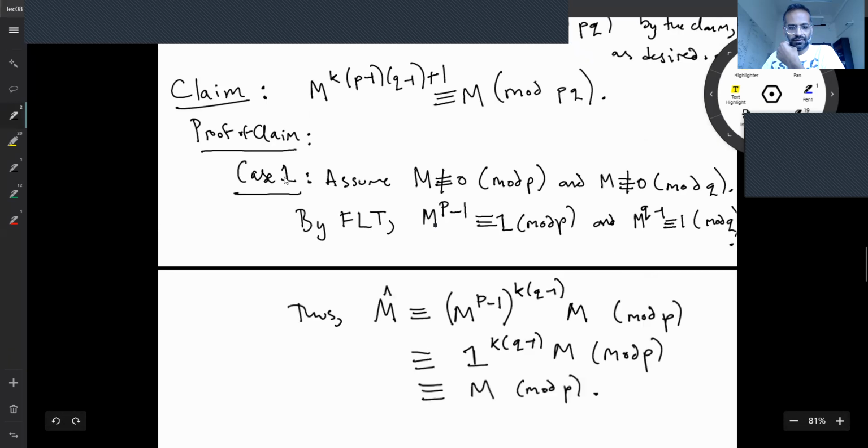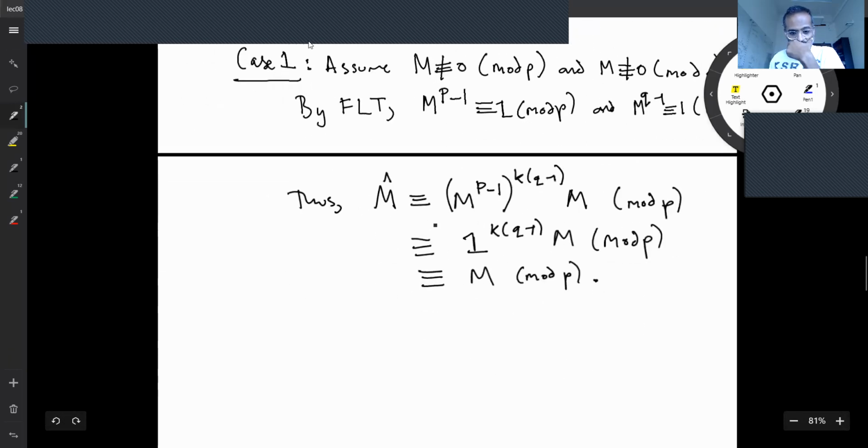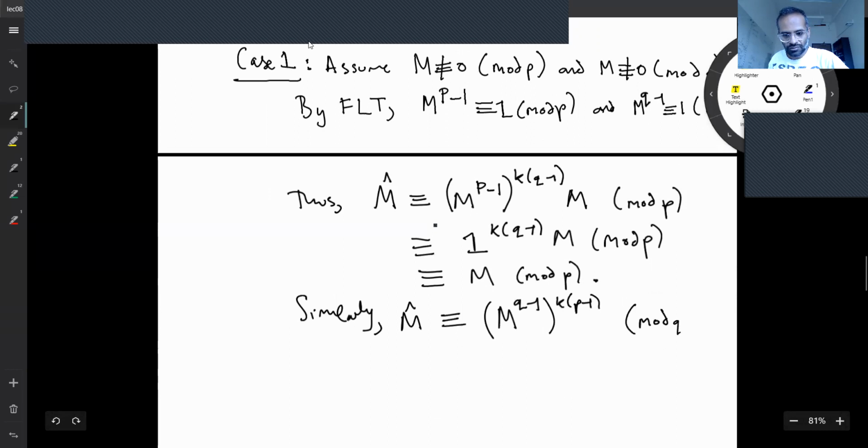Okay. And similarly, I have that m hat is congruent, if I do the exponentiation the other way, to m to the q minus 1 raised to the k times p minus 1, times m, mod q. I can do this just by rules of exponentiation, right? Now, what's the next step?